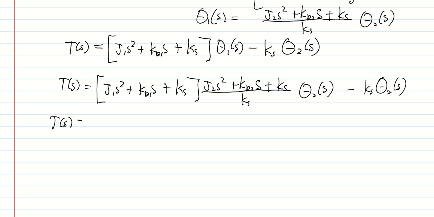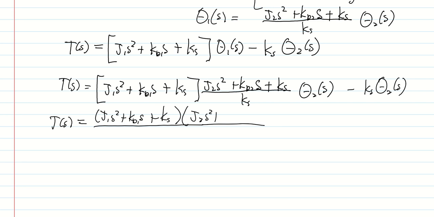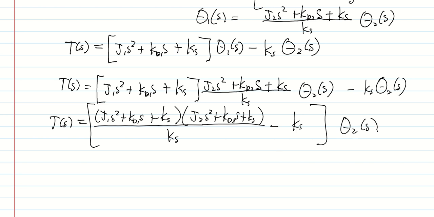T of s will be equal to J1 s squared plus KD1 times s plus Ks, multiplied by J2 s squared plus KD2 times s plus Ks, divided by Ks, then we subtract Ks, and we multiply this with theta 2 of s.